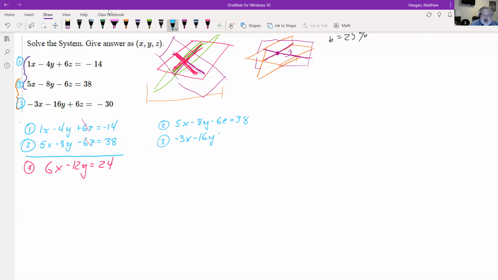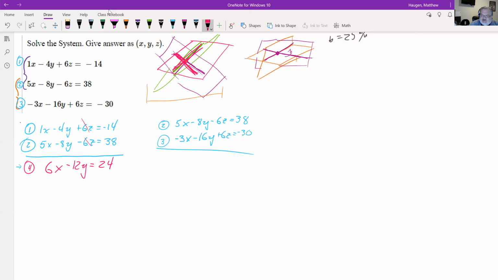If we eliminated y in the first pairing, we have to eliminate y in the second pairing, because we need these two new equations, 4 and 5, to have the same variables in them. If equation 4 is going to be x's and y's, we need equation 5 to be x's and y's so we can solve that system. Fair? So you can choose any variable you want, but it's got to be the same choice for both of them.